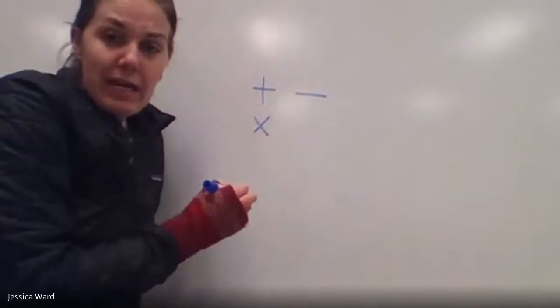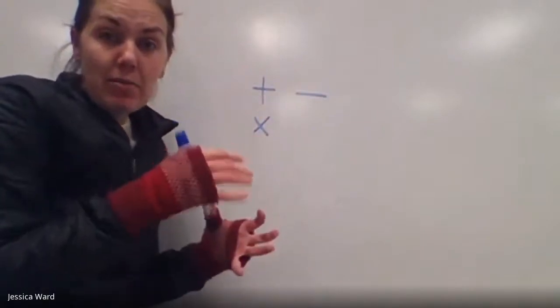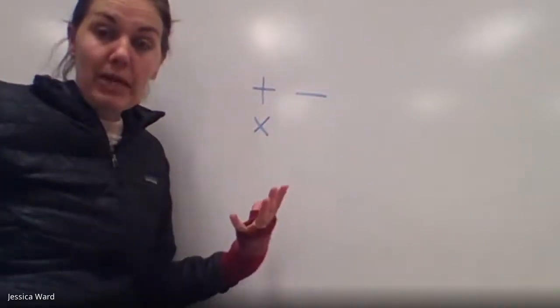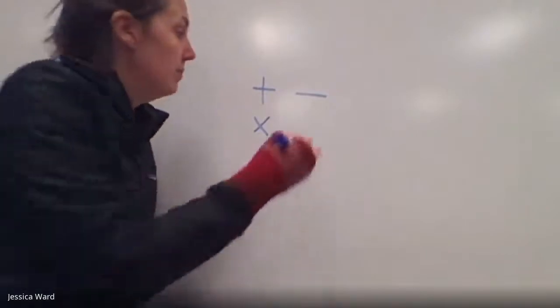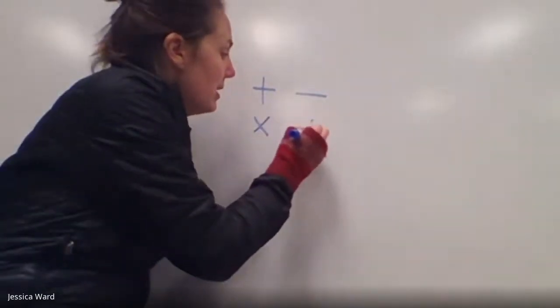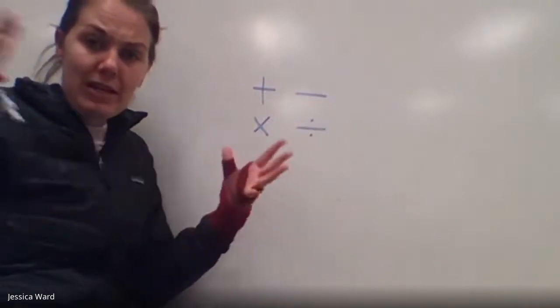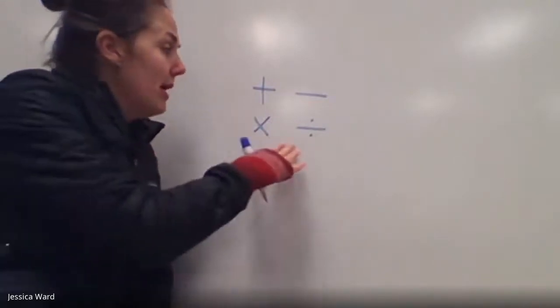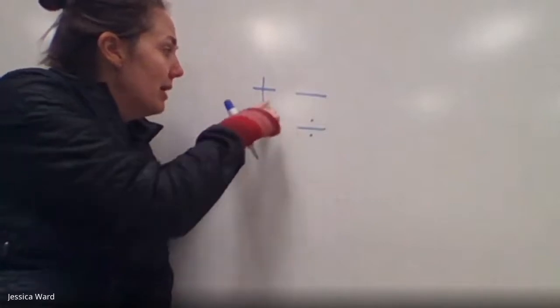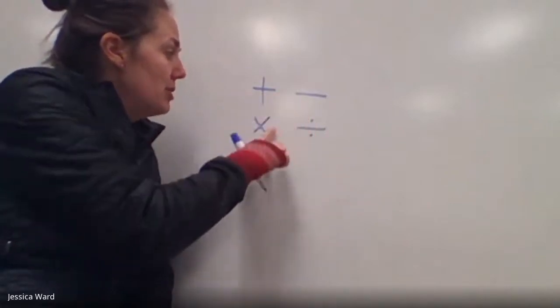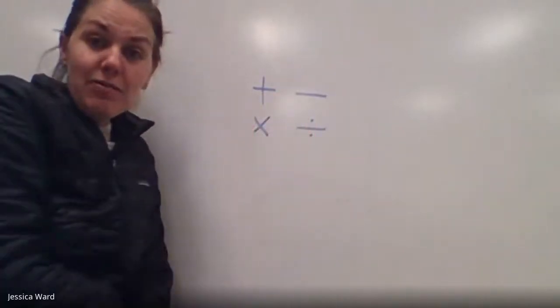Well, multiplication and division actually work really similarly to addition and subtraction. So multiplication, like addition, means that your numbers are getting bigger. You're making more of something. And division means that you're making a smaller group of something. You're making it less. Multiplication and division are related.